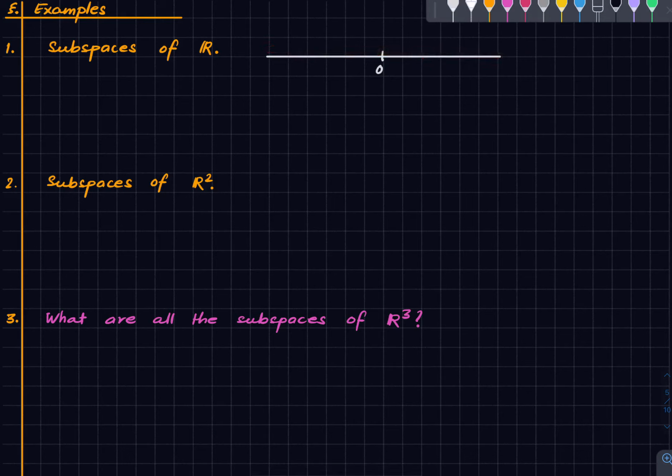So as soon as your subspace has a non-zero element, it has everything. So the only subspace which contains a non-zero element has to be the entire vector space R, and the other subspace would then be just the one which contains only the zero element. So the subspaces of R are this and that. These are the only two subspaces of this guy.